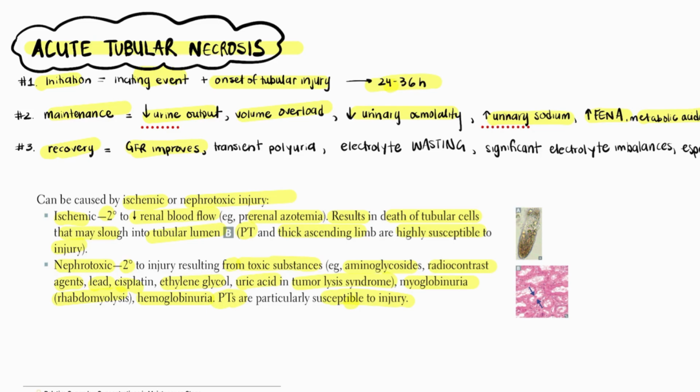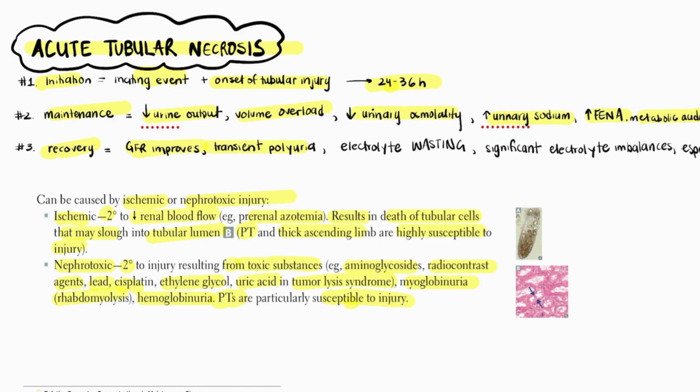And then you'll have a phase where you'll have transient polyuria. So you'll just be peeing a lot. Okay. So first it was you're not peeing enough. And now that your body's regenerating, you're going to be peeing a lot, but the ability for the tubules to reabsorb the ions doesn't catch up, right?